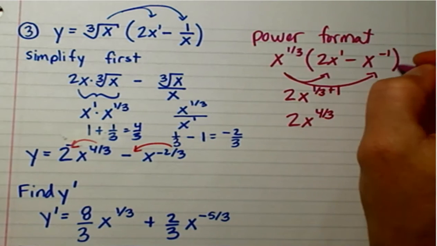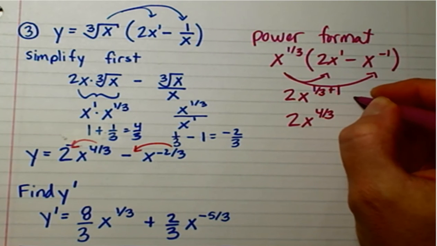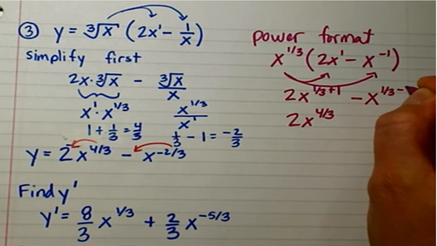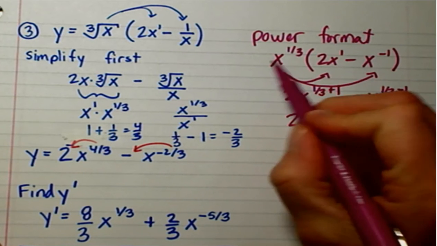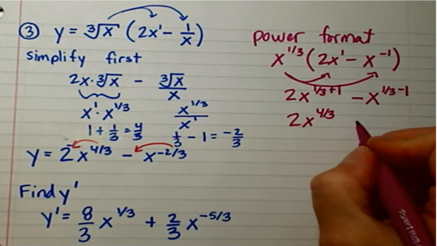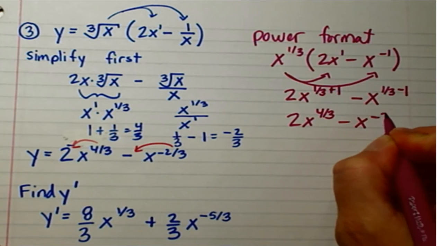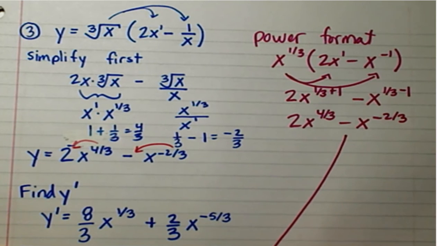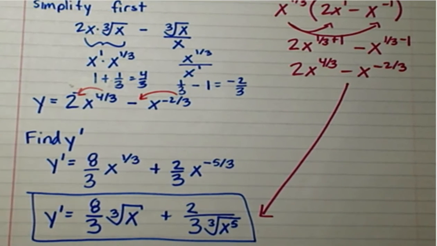Okay, let's do the next distributing. Minus x, 1/3 minus 1, because we're multiplying here, so we add the exponents. Oh, we still end up with the same answer.